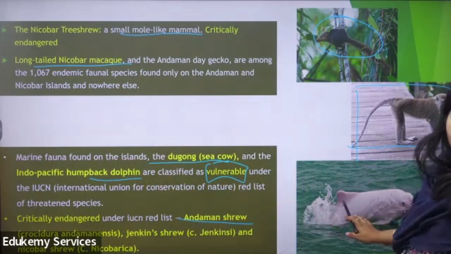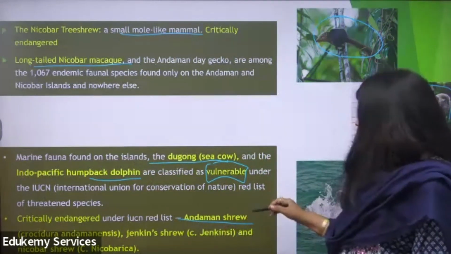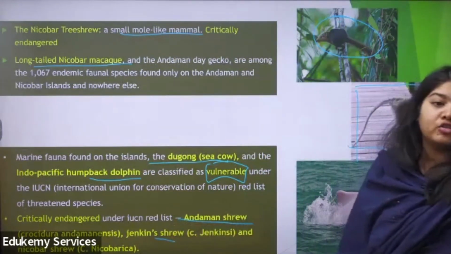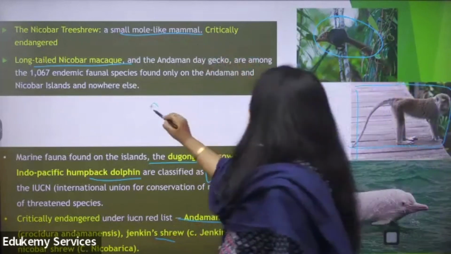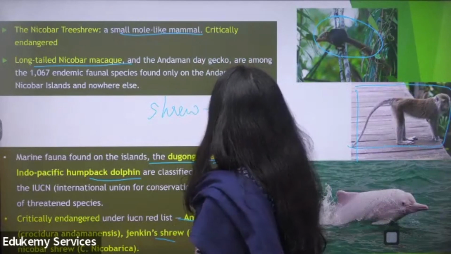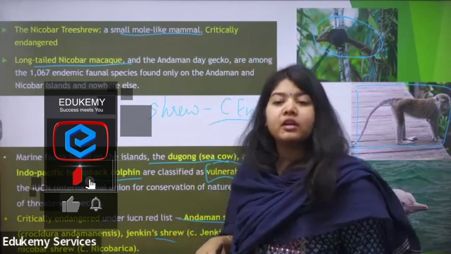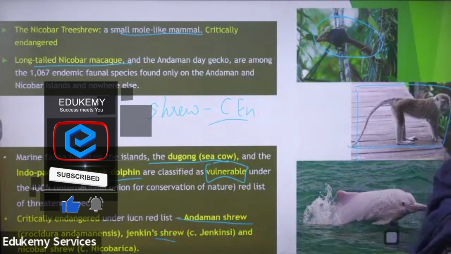Dugong is a vegetarian marine mammal. I'll show you that also. Then I have Andaman shrew, Jenkins shrew, and Nicobar shrew. So I've got 3 shrews which are critically endangered: Andaman shrew, Jenkins shrew, and Nicobar shrew.